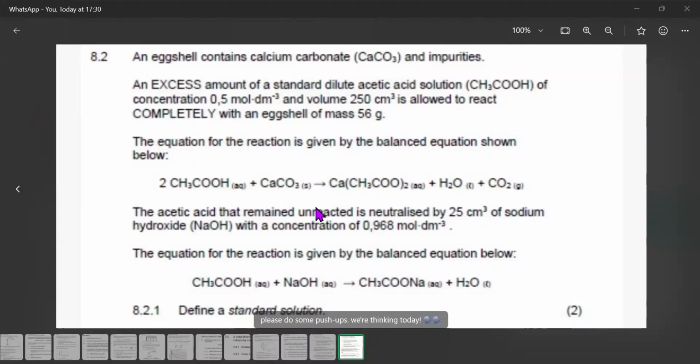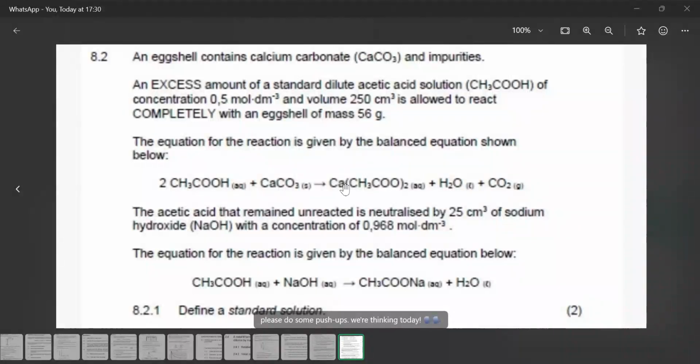Well, let's talk. They say an eggshell contains calcium carbonate and impurities. An excess amount of a standard dilute acetic acid solution of a concentration of 0.5 mole per cubic decimeter and a volume of 250 cubic centimeters is allowed to react completely with an eggshell having a mass of 56 grams.